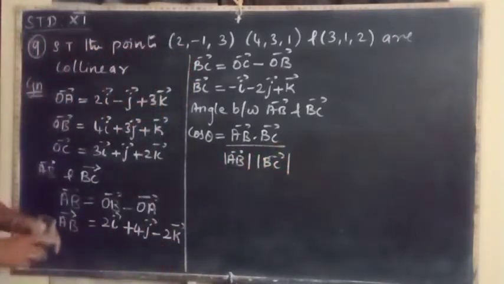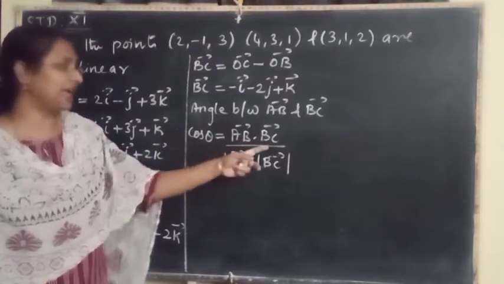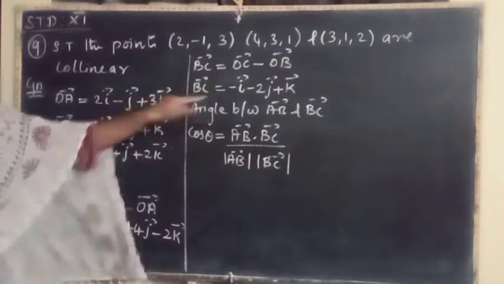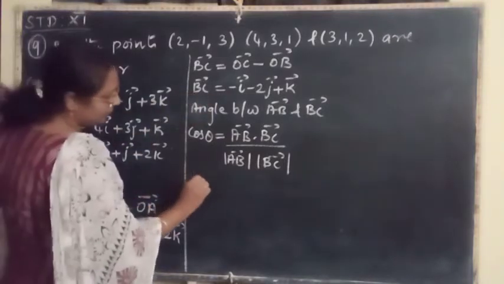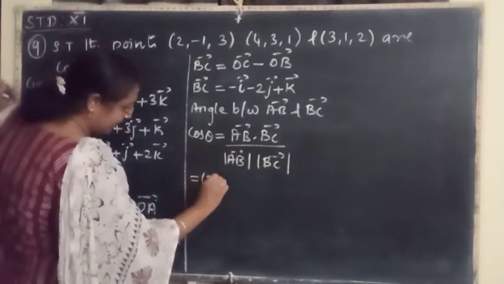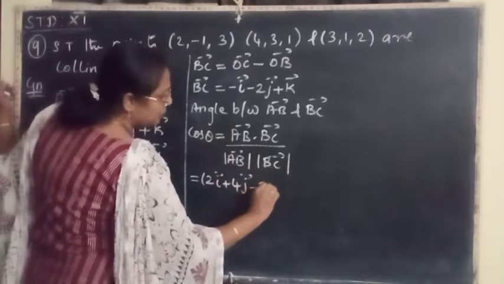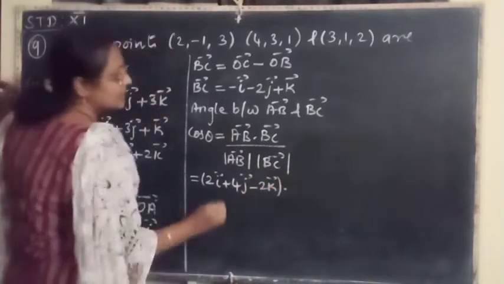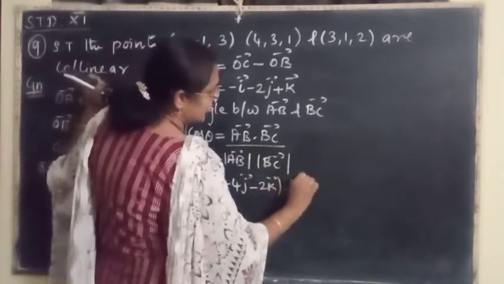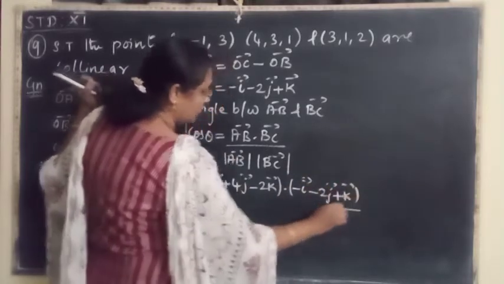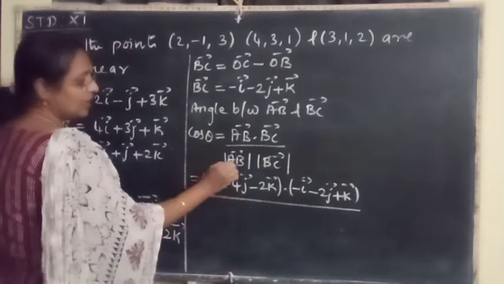So we find the dot product: (2i plus 4j minus 2k) dot (minus i minus 2j plus k), divided by the modulus.